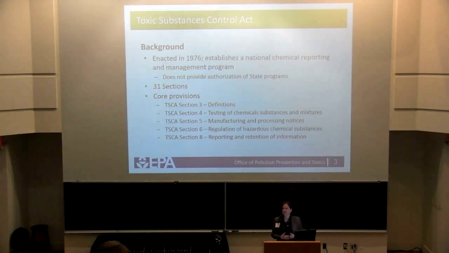So TSCA is basically administered by EPA out of headquarters in Washington, D.C. TSCA has 31 sections, so it's a very large and comprehensive law. It does give EPA fairly broad authority to review and regulate chemical substances.